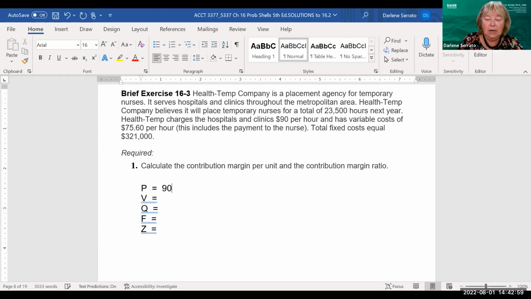So P is $90, V is $75.60, Q we're not looking for yet, and F is 321,000.